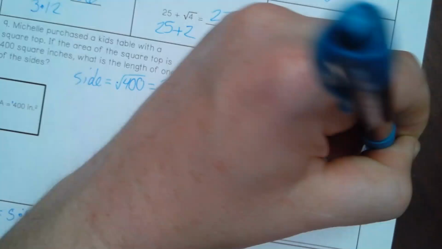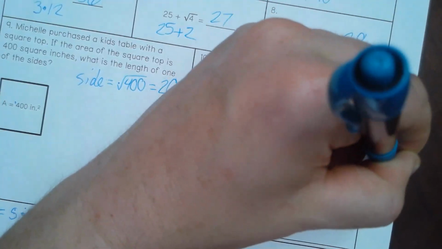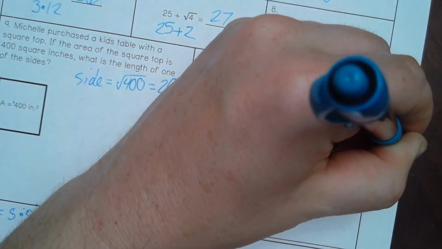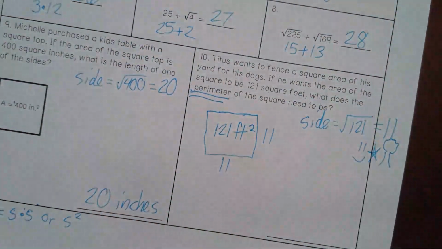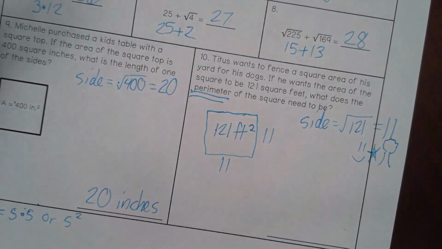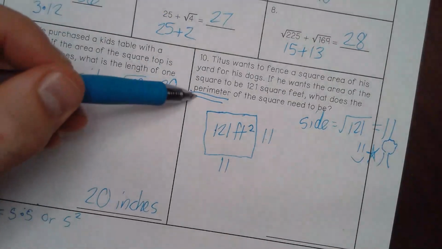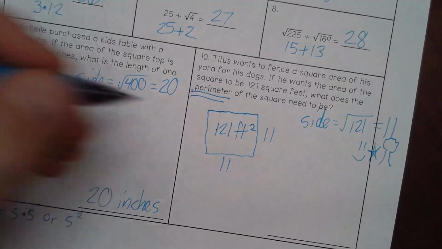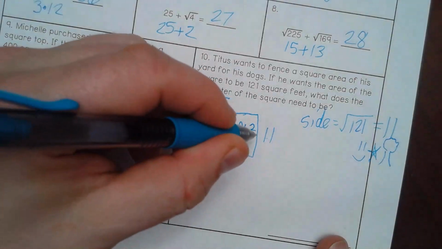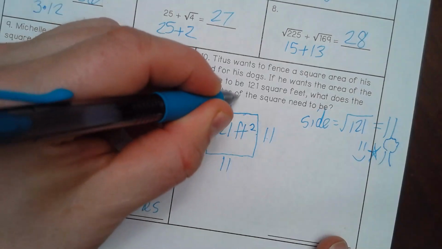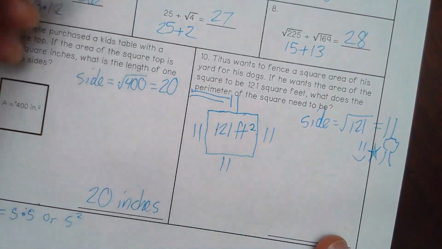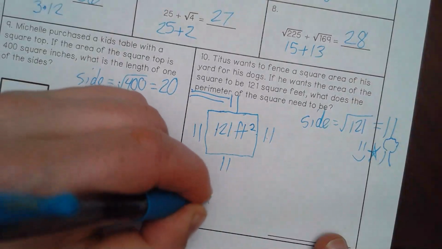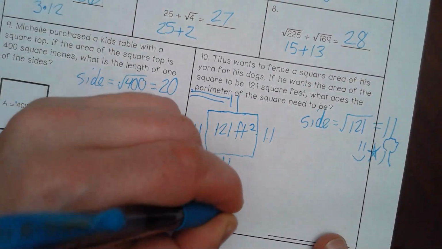Smiley face, star, tree. Oh, how exciting. Okay. So we know each of these sides is 11. We want the perimeter. Perimeter is all the sides added together. So there's an 11 here, an 11 here, and an 11 here. 11 times 4 sides, that is 44.